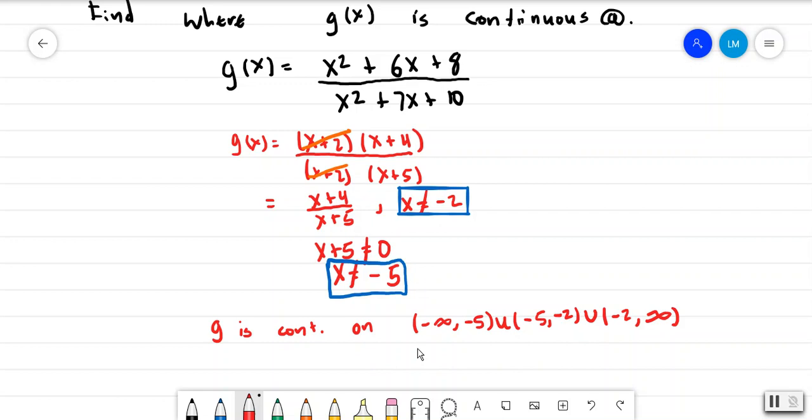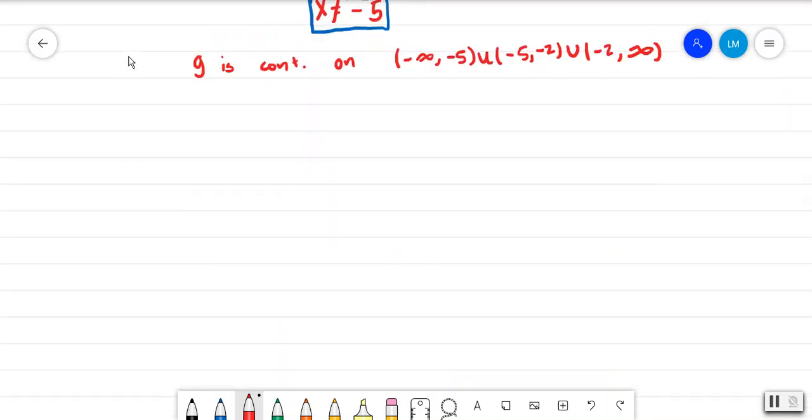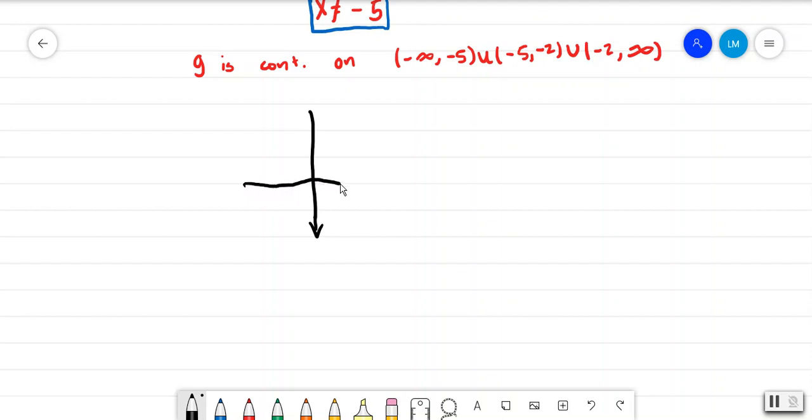Now, when we talk about continuity, usually we do talk about left-sided continuity and right-sided continuity, which you can visualize if you look at, for example, the semicircle with radius 3. So let's say that you have a circle from negative 3 to 3.